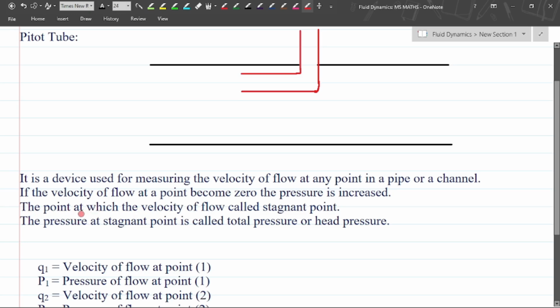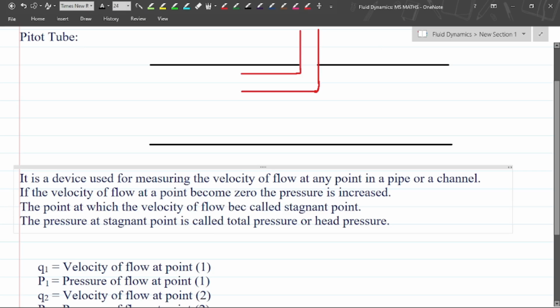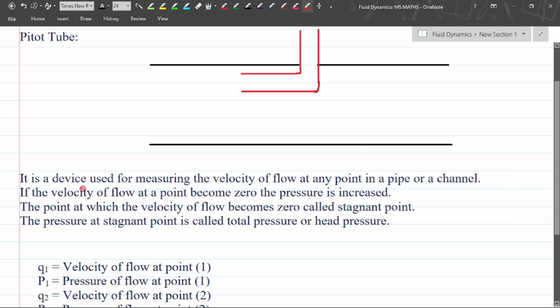The point at which the velocity of the flow becomes zero is called the stagnation point. The pressure at a stagnation point is called the total pressure or head pressure.